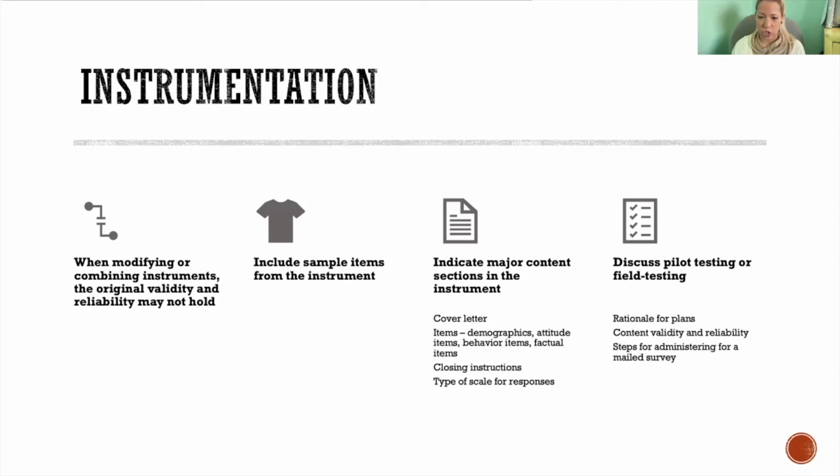Then a section about the items: demographics, attitude, behavior, factual items, whatever might be included in that section. And then are there closing instructions, like what should they do next, or how do they submit their survey, or how do they follow up, that sort of thing.